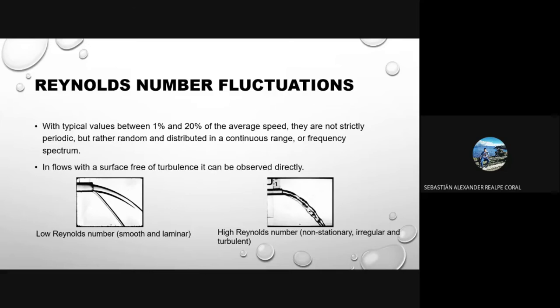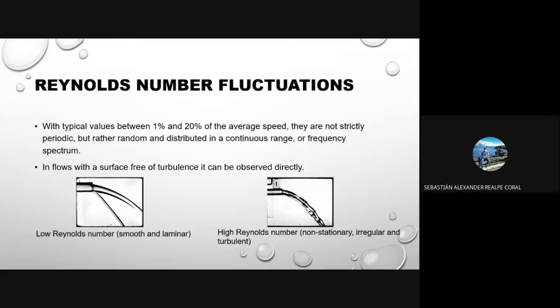Turbulent fluctuations are typically between 1% and 20% of the average speed. They are not strictly periodic, but rather random and distributed in a continuous range or frequency spectrum. In flows with a free surface, turbulence can be observed directly.